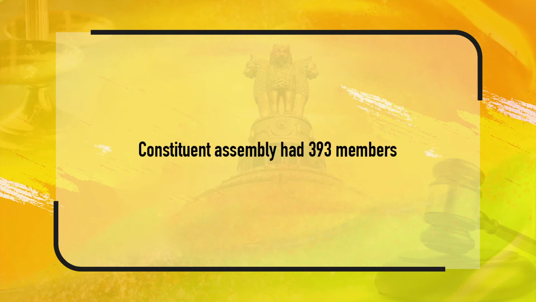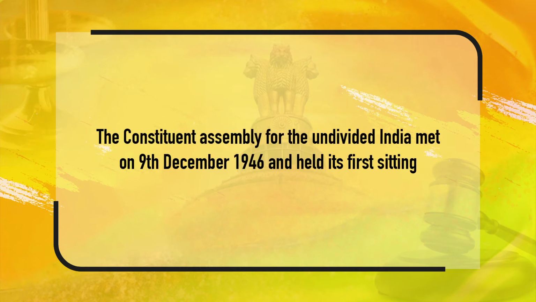In all, the Constituent Assembly had a total of 393 members. The Constituent Assembly for Undivided India met on 9th December 1946 and held its first sitting.